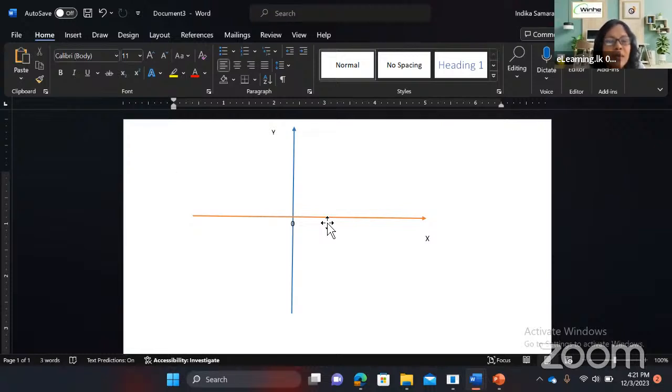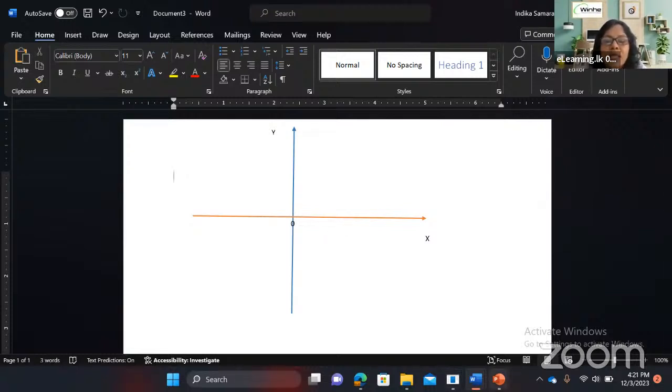If you consider the y-axis, the negative values are represented below the crossing point, or below the 0. Positive values are represented in the upper part of the y-axis.